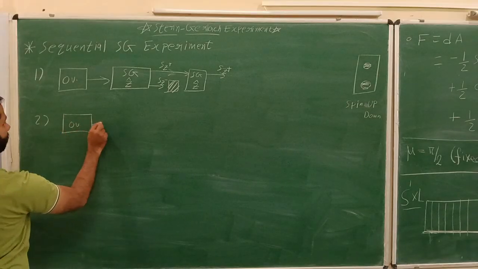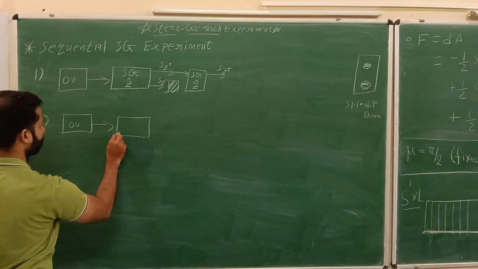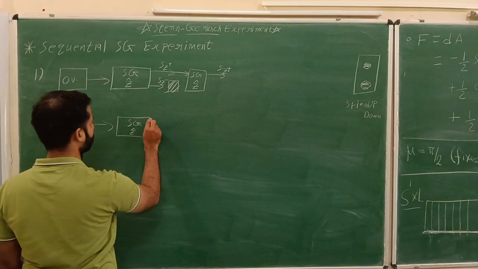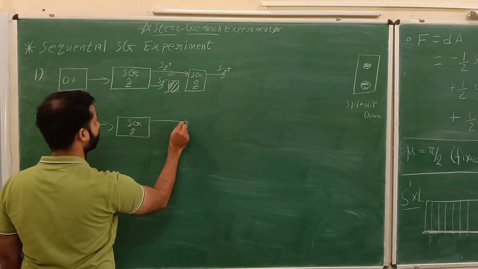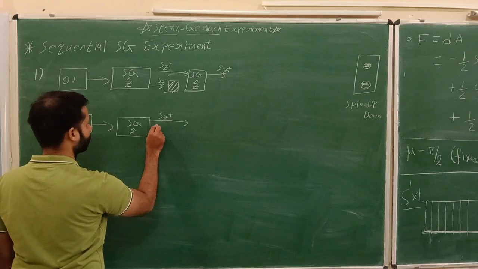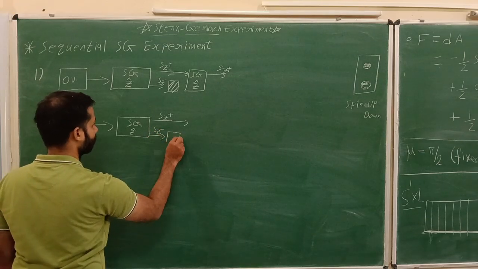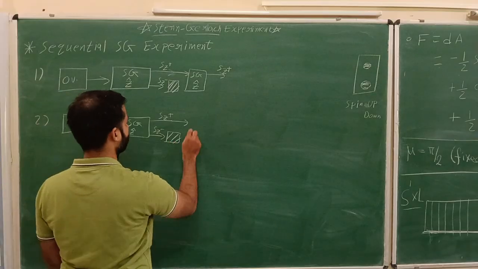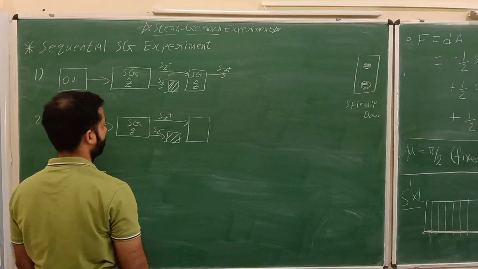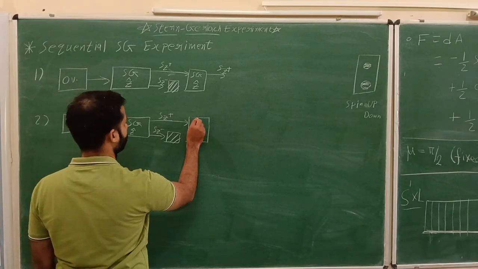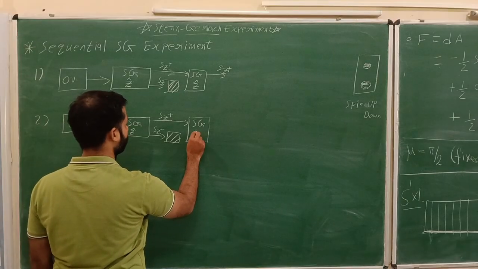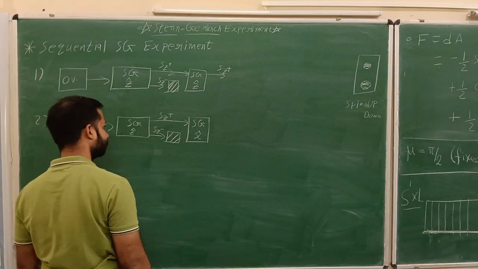Now again there are our two beams, Stern-Gerlach experiment, z direction, plus beam, blocking the minus one, and this time I'm going to give a Stern-Gerlach experiment in the x direction.